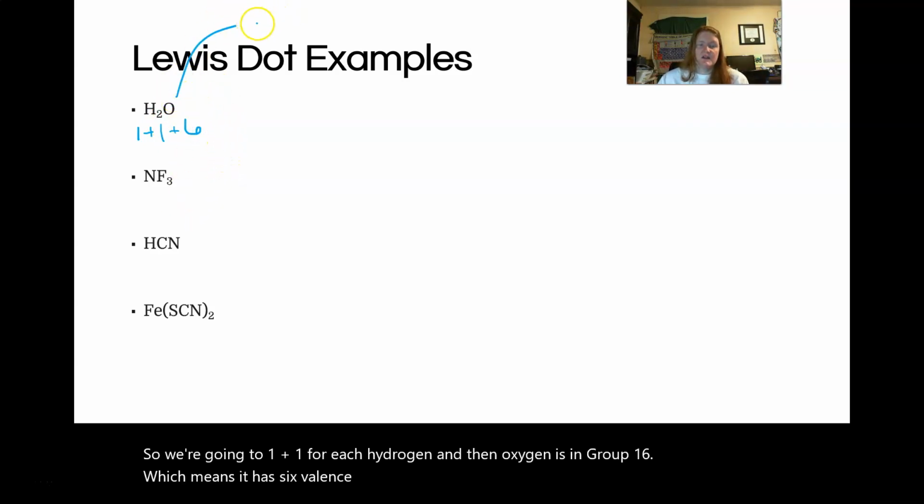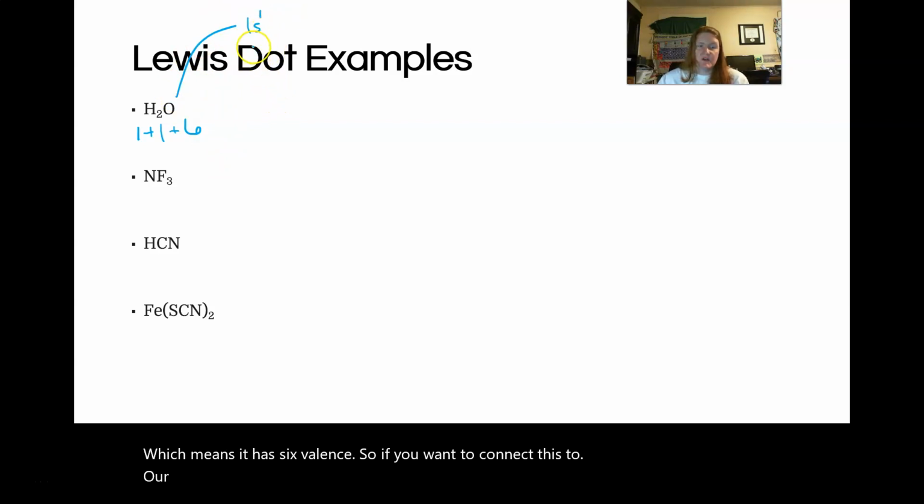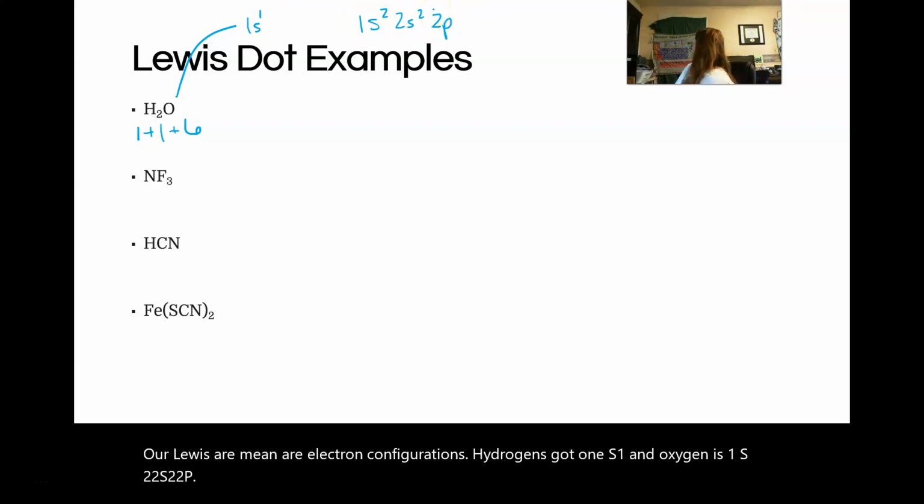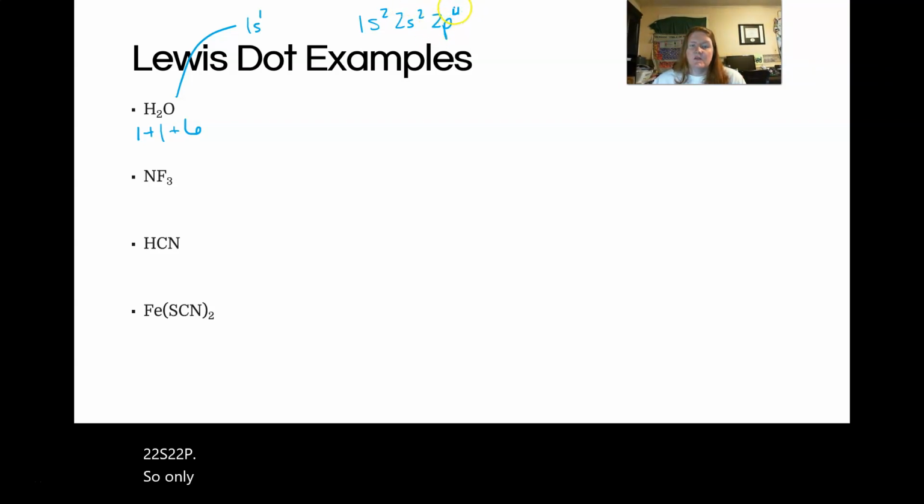If you want to connect this to our electron configurations, hydrogen's got 1s1, and oxygen is 1s2, 2s2, 2p4. So only the valence electrons count, which is everything after the noble gas core.